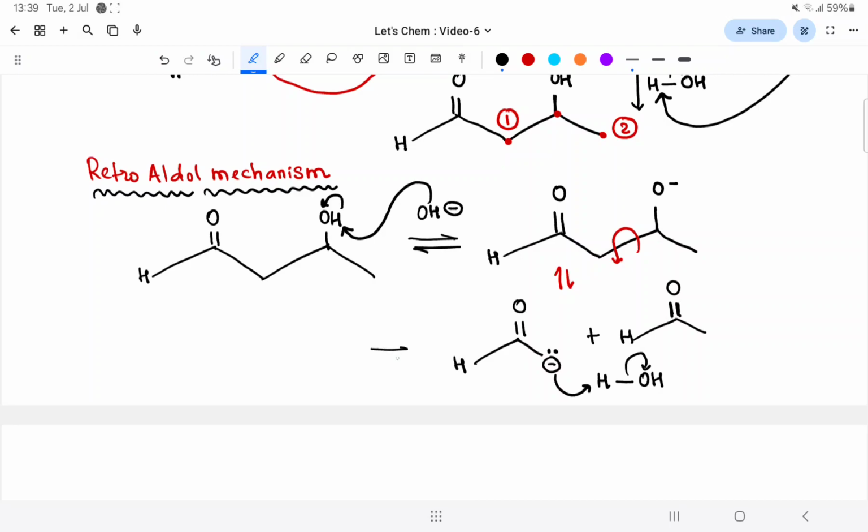And finally, guys, what we are going to get are my two reactants here. Let's see what are the two reactants I'm going to get here. Will we get both reactants back or not? That is what we need to check. So these are the two reactants that we got back, these are the two different reactants that we have.